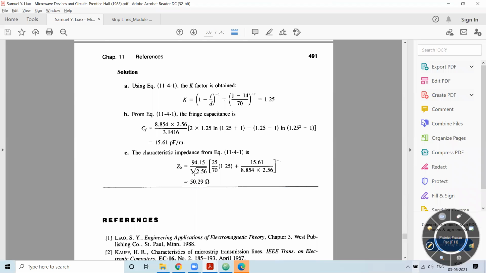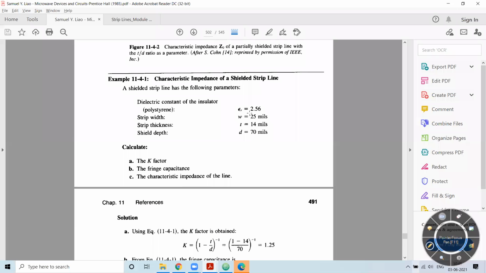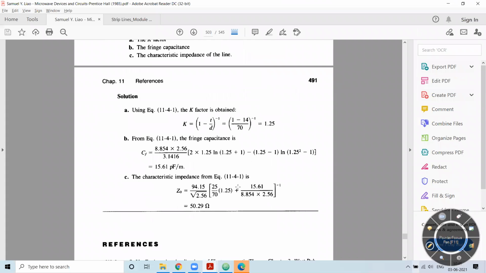Epsilon r is 2.56, W by D, where W is 25 and D is 17 mils, and K is 1.25. The fringe capacitance we got as 15.61, and 8.854 into epsilon r, that is 2.56, and we take the inverse of this part.